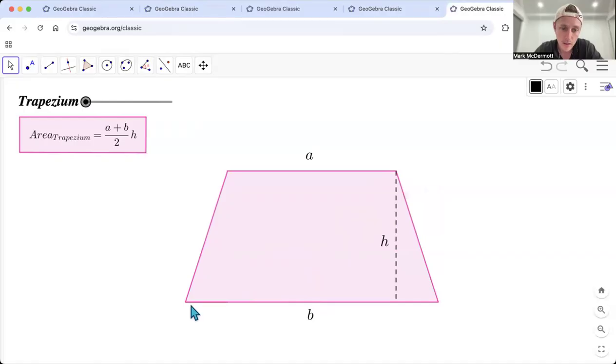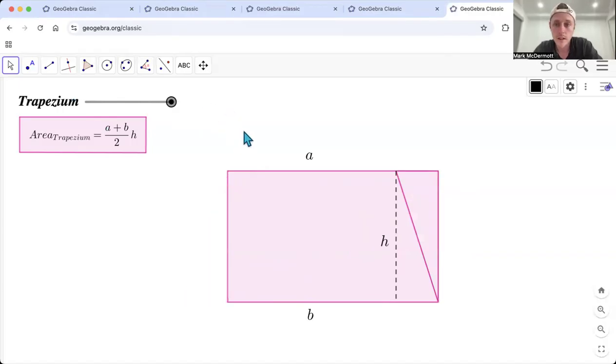You take this length here and you add it to there. So that gives you the length of the rectangle, and then obviously the height is the height. So you can also see that a trapezium is just a rectangle in disguise as well.